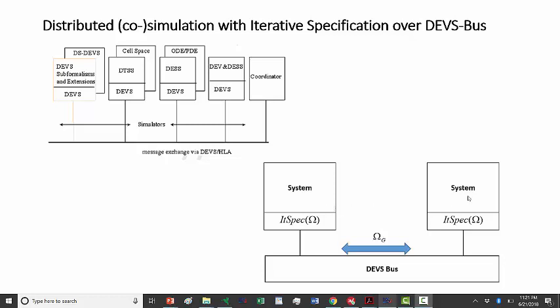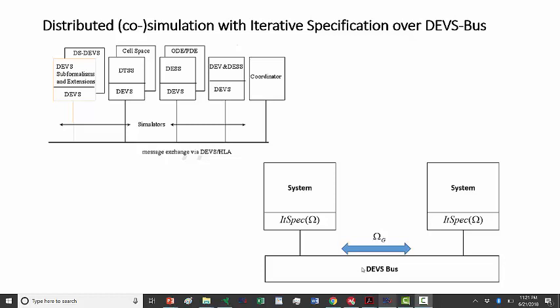So we have multiple systems expressed as iteratively specified systems. And the DEVS bus is the mechanism by which the coupling specified to couple these kinds of systems is provided, the actual operating mechanism.